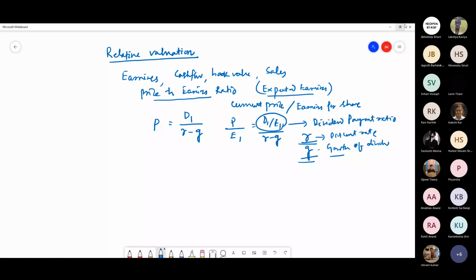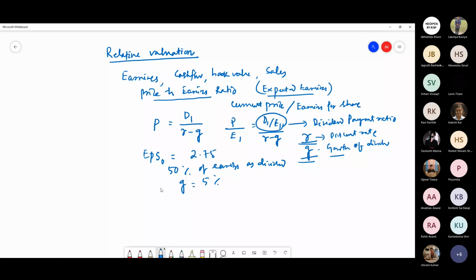For example, there is a company whose EPS last year was 2.75, and it paid 50% of its earnings as dividend. The growth rate of the earnings and dividend is expected to be 5%, so G is equal to 5%.